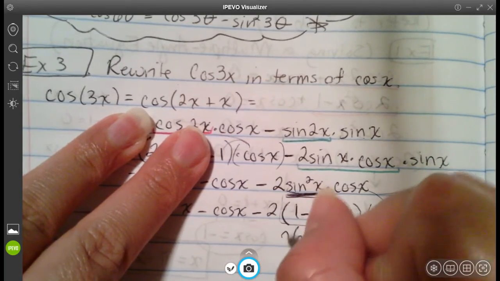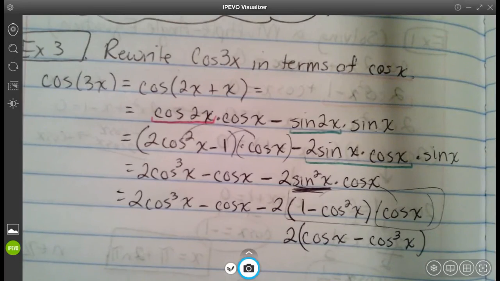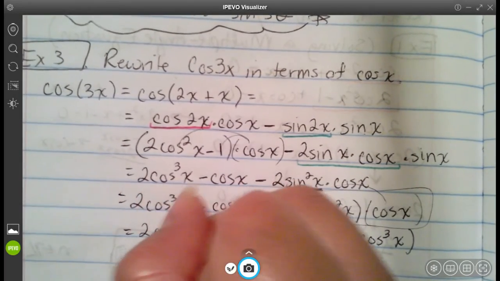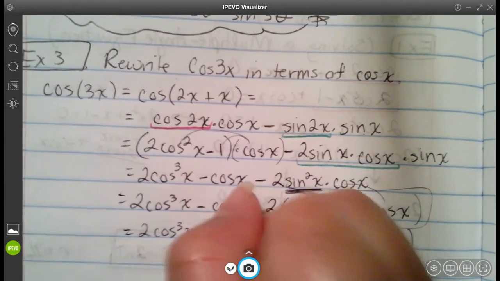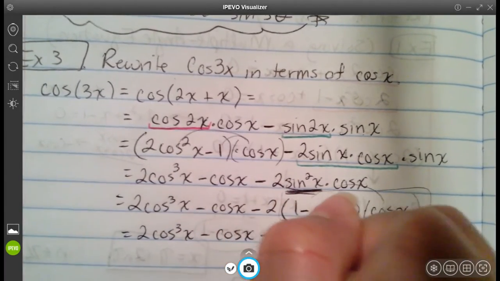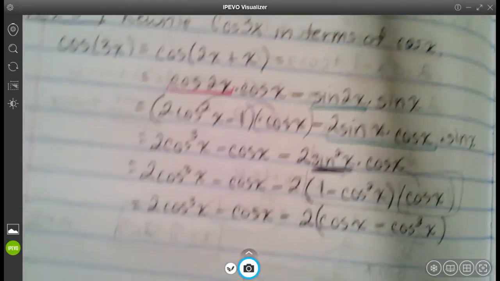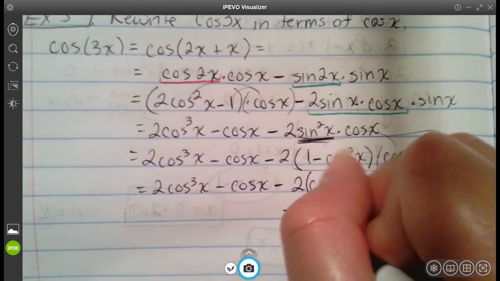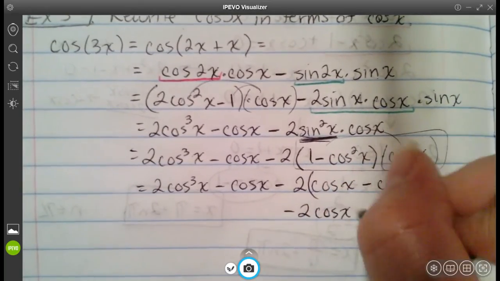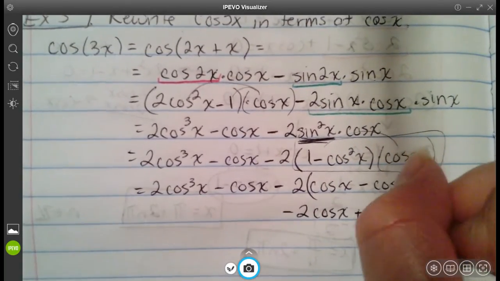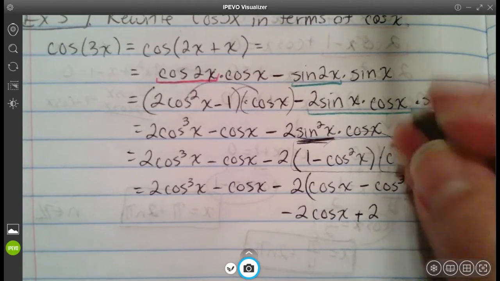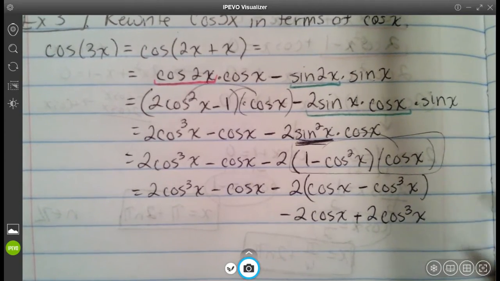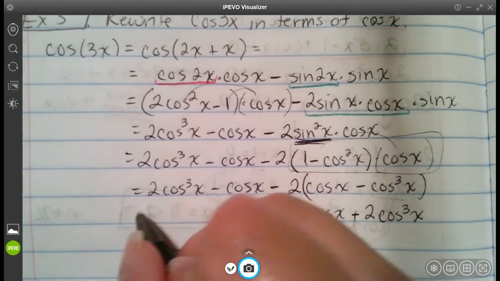All of that is going to be times 2, so I'm just bringing everything down. From there, I'm going to distribute my 2: minus 2 cosine of x plus 2, because negative times a negative is a positive, so plus 2 cosine to the third power of x, and then bring everything down.